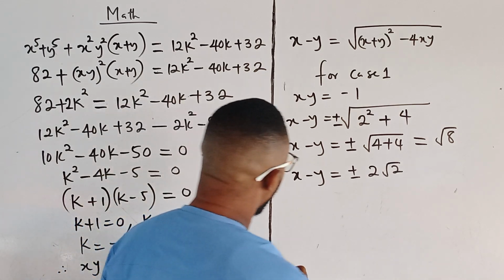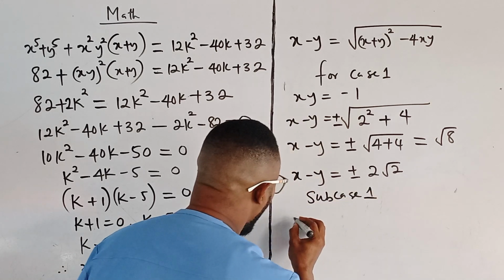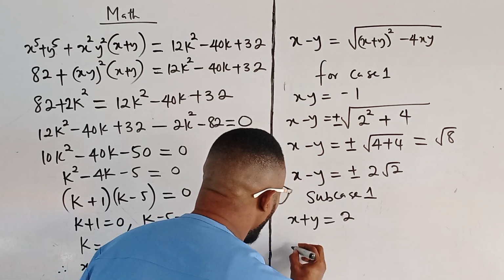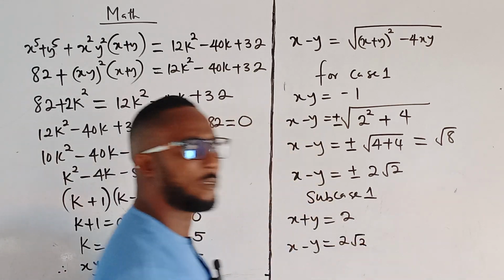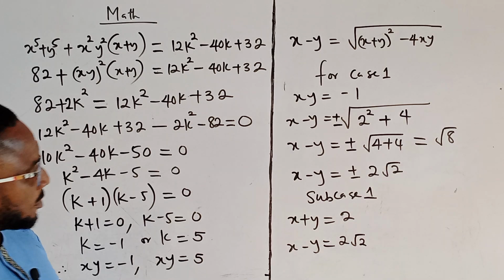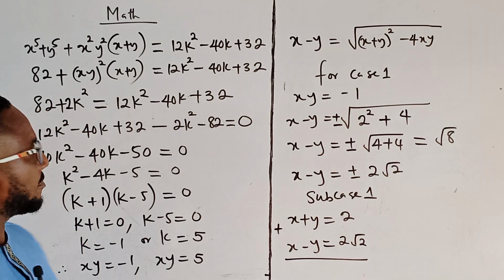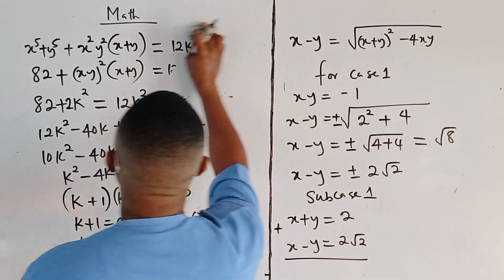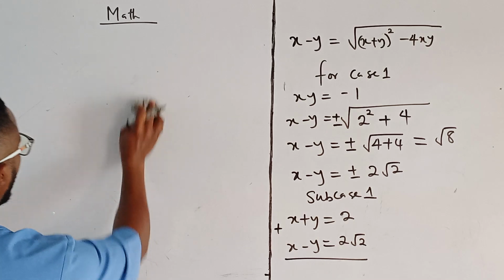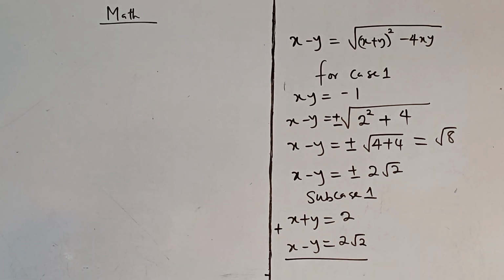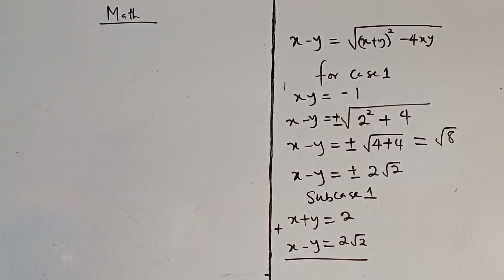So for subcase 1, we are going to be having x plus y equal to 2, x minus y, I will take the positive, which is 2 rad 2. So if I add these two equations, I will find the value of x, which is the first solution. Like I said at the beginning, it's a bit complicated, actually, but it's also easy if you put your mind into it.